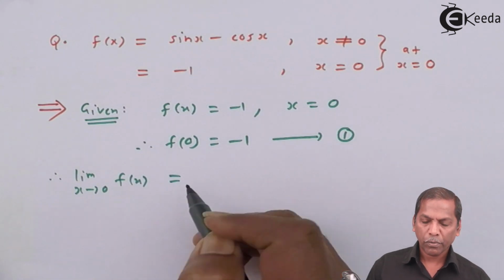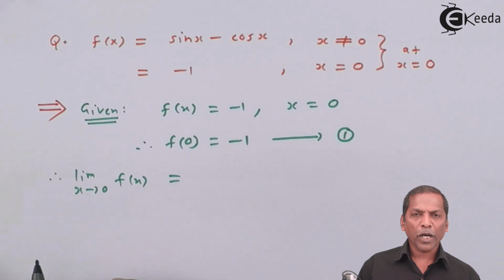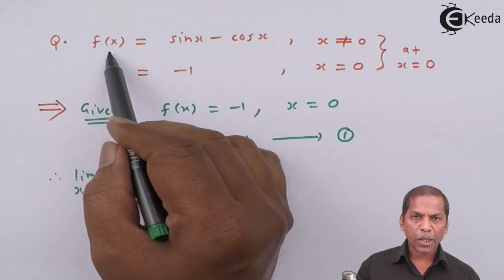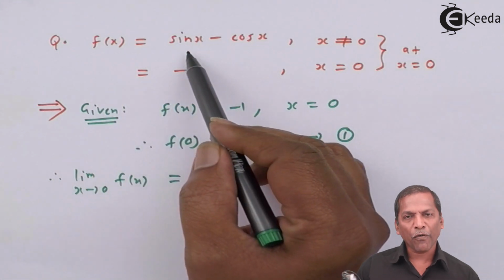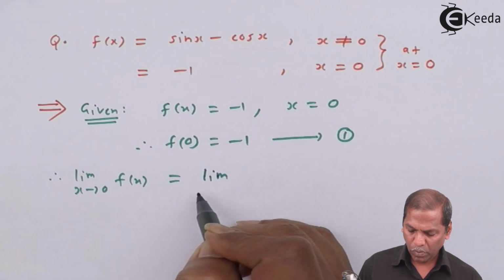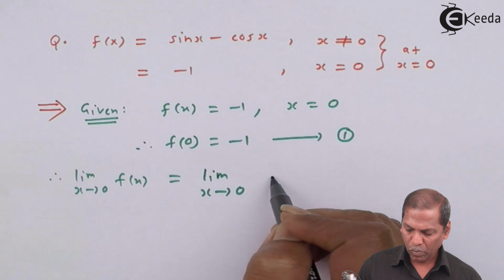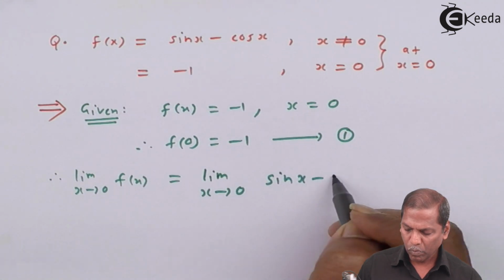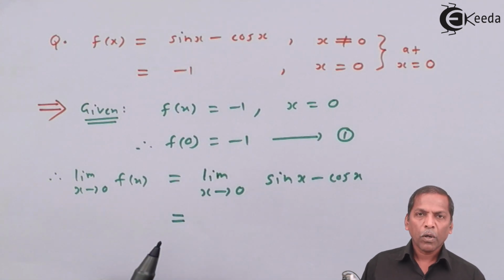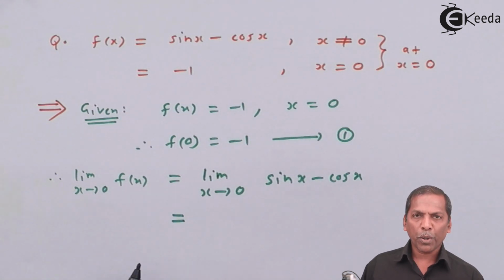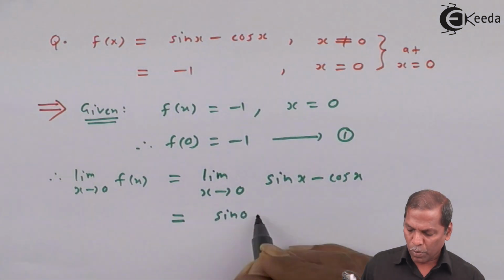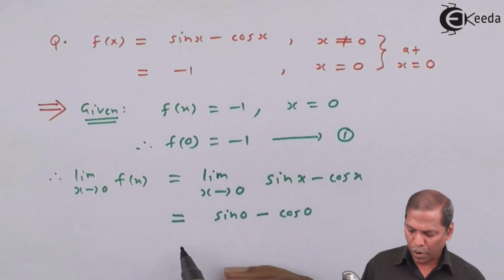The next step is limit x tends to 0 of f of x. It means x not equal to 0, and for x not equal to 0, f of x is defined as sin x minus cos x. That equals, now whenever there is x we have to substitute 0, so the next step will be sin of 0 minus cos of 0.